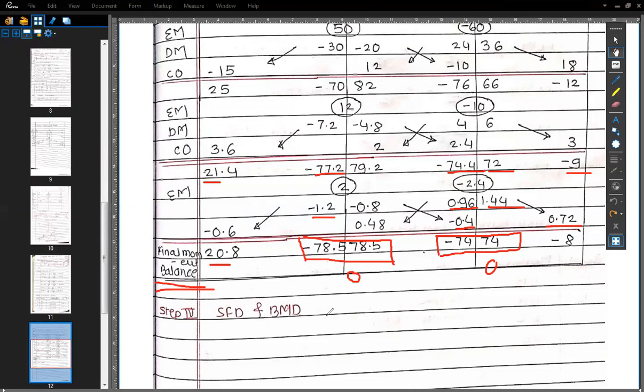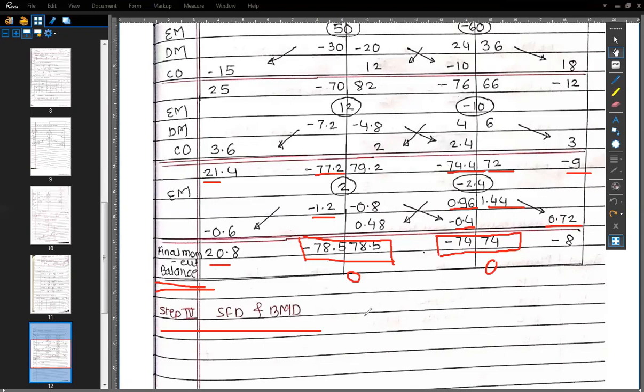Okay, and the last step is drawing of shear force and bending moment diagram, and I left this part up to you. So you have to draw the shear force and bending moment diagram. For bending moment diagram you have to do the superposition.